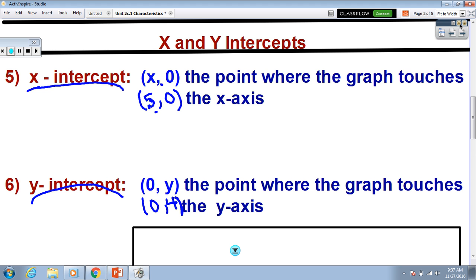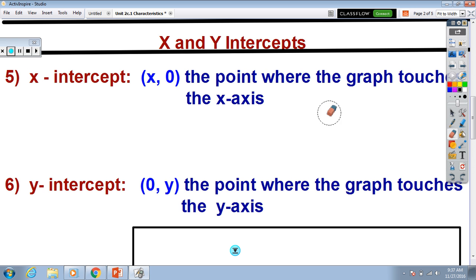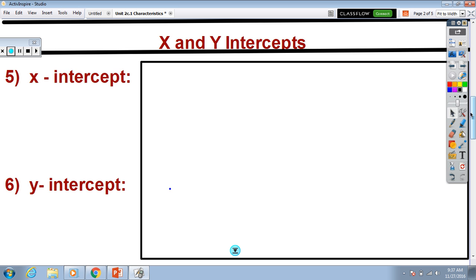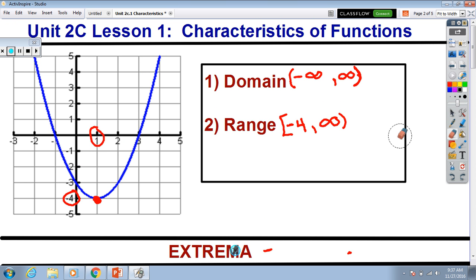Okay? So now that we have that copied down with our definitions, let's go up here to our graph and identify the point where it crosses the x-axis and the point where it crosses the y-axis. Okay, I need to clean this one up too. Alright, so let's use purple to identify.